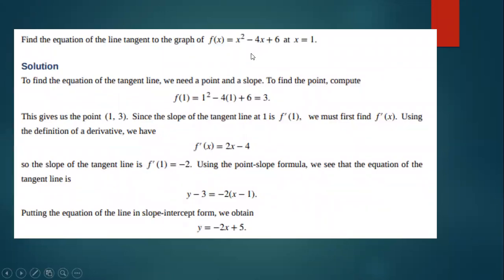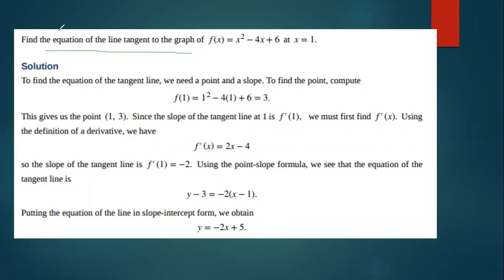Okay, now the question given is: find the equation of the line tangent to the graph at x equals 1. So how to find it? This is the part where we have to find things.